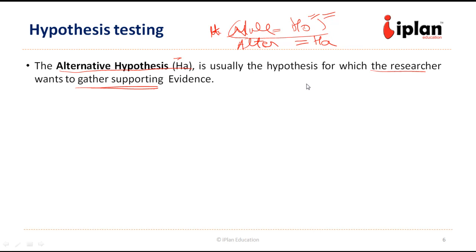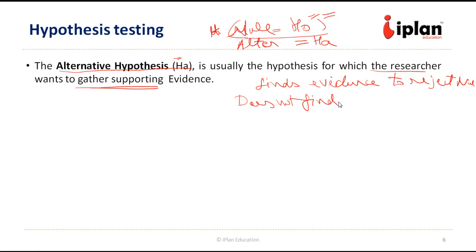So there are two ways. One, he finds evidence to reject the null hypothesis, or he does not find sufficient evidence within a level of significance to reject. So we never accept a null hypothesis, either we reject it.